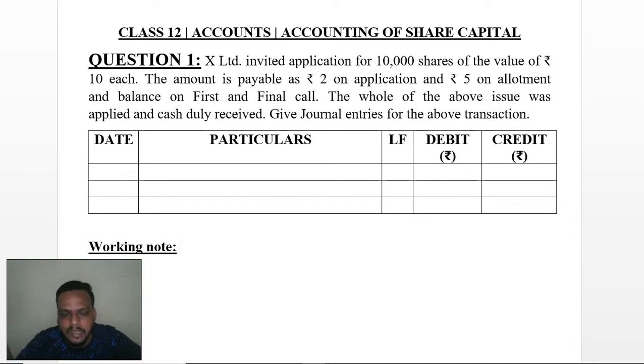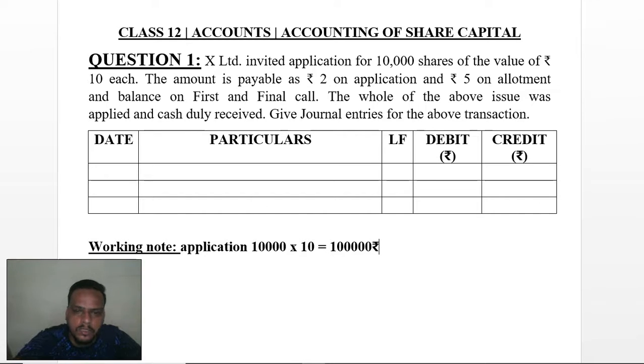Now it has been said that the application will be for 10,000 shares, costing rupees 10 each. That means the total value will be 1 lakh rupees.